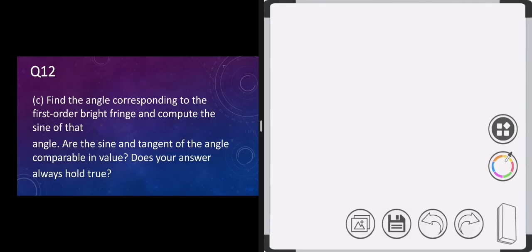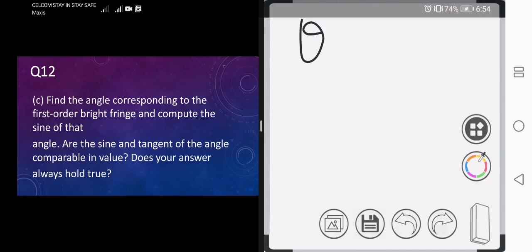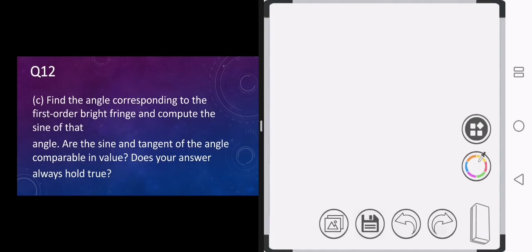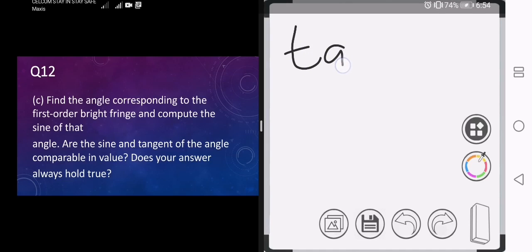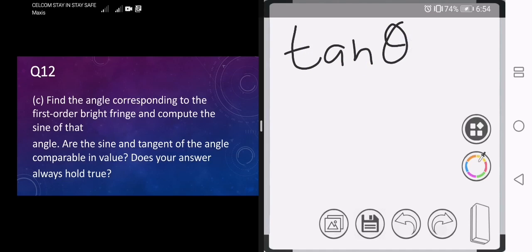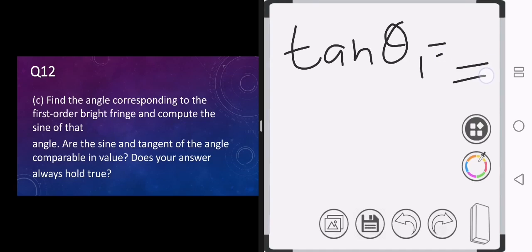And then find the angle corresponding to the first order. We have found the value for tangent theta 1, which is the value you get from the previous question.